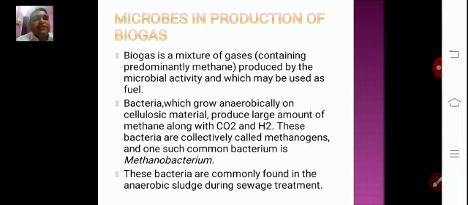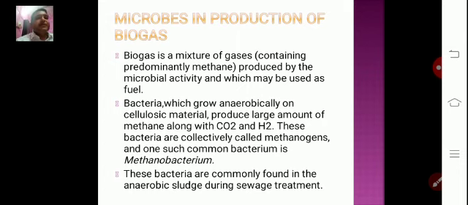Biogas is a mixture of gases produced by anaerobic breakdown of biomass with the help of methanogens. What are methanogens? Methanogens are bacteria which produce methane gas. These bacteria grow anaerobically on cellulosic material. The dead remains of plants consist of a large amount of cellulosic material, and they produce a large amount of methane along with CO2 and H2.